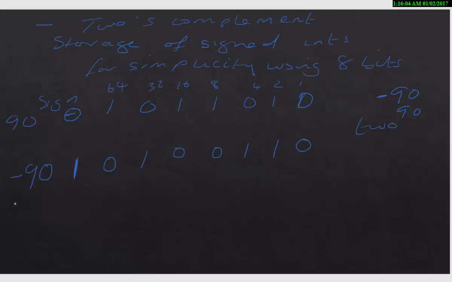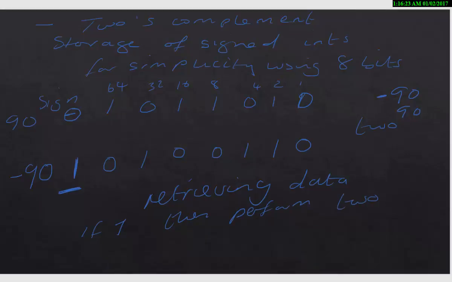So when retrieving, you could explain that when you retrieve the data, if this bit here is 1, then perform 2's complement. So you'll reverse the bits. So it'll be 0, 1, 0, 1.